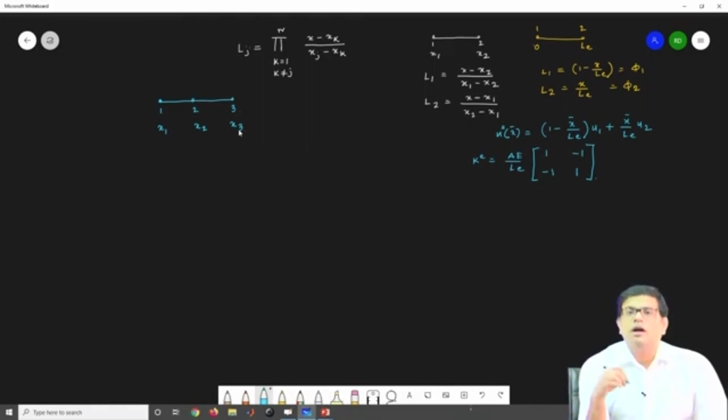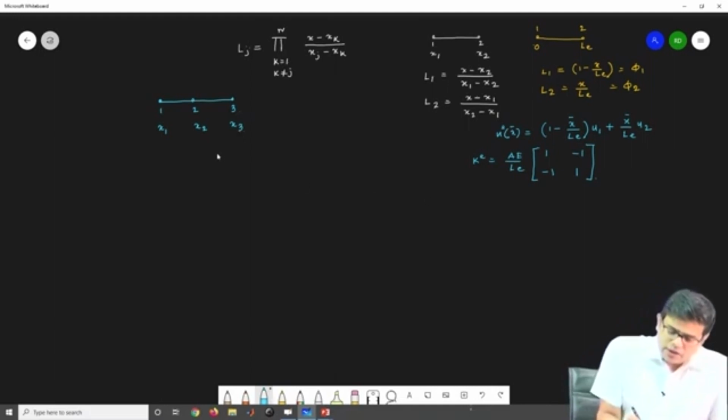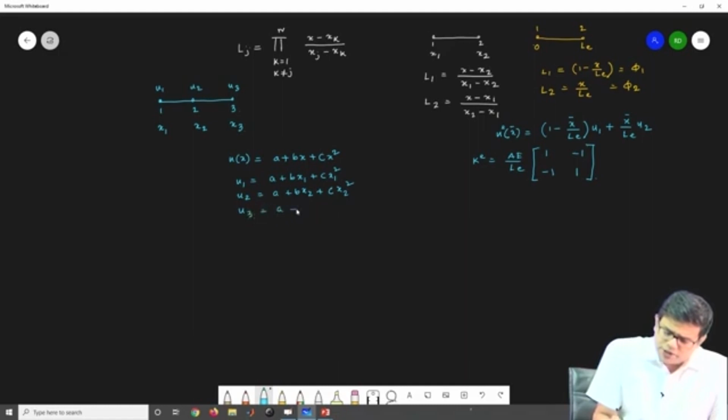Now instead of that, we can also do it in this way: if I choose that my u(x) is a general quadratic polynomial, that is a plus bx plus cx squared, then with u1, u2 and u3 as the displacements of these 3 nodes, I can write u1 equals a plus bx1 plus cx1 square, and then u2 equals a plus bx2 plus cx2 square, then u3 equals a plus bx3 plus cx3 square.